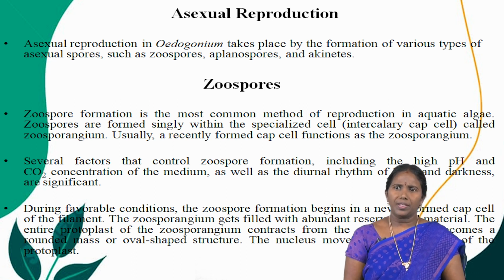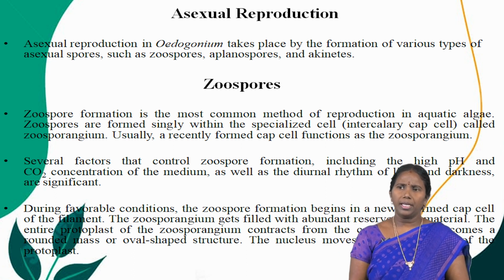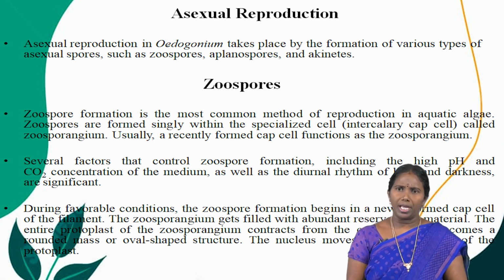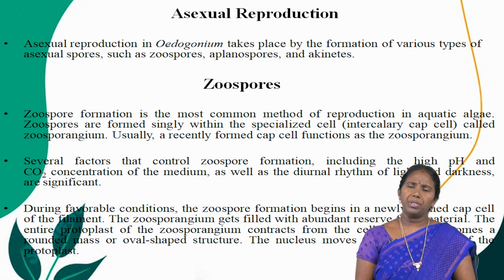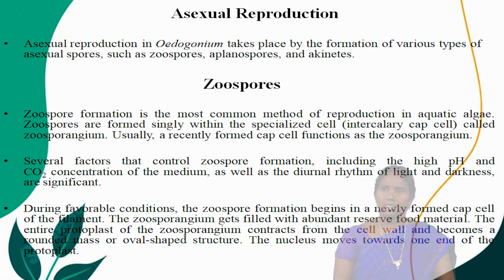Several factors control zoospore formation, including the high pH and carbon dioxide concentration of the medium, as well as the diurnal rhythm of high light and darkness. During favorable conditions, zoospore formation begins in a newly formed cell of a filament.